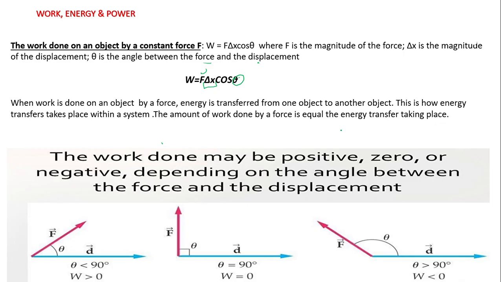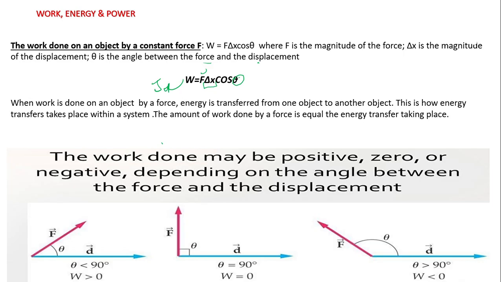So work done on an object is equal to the energy transferred. Hence, our SI unit for work will be joules.